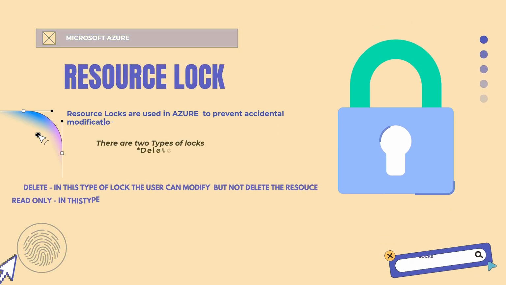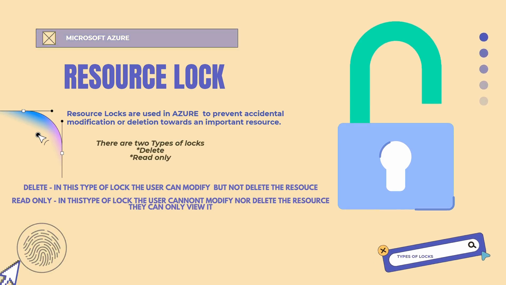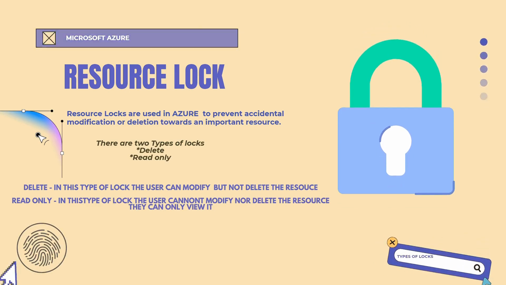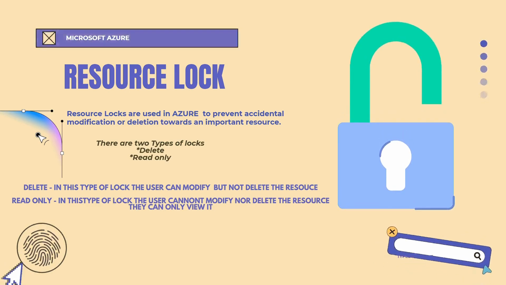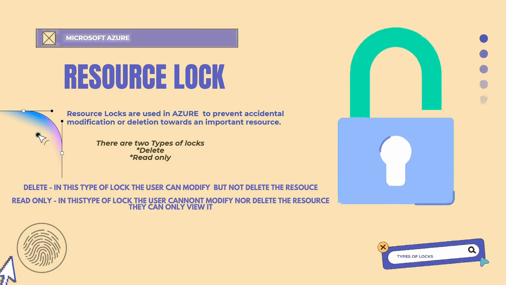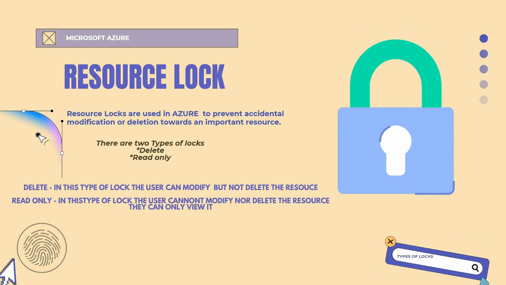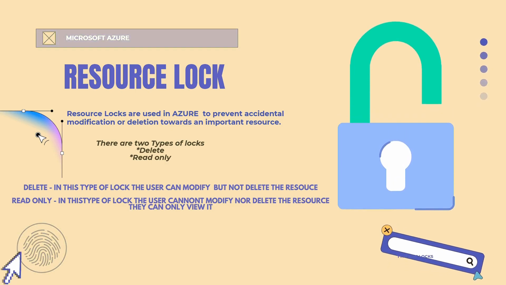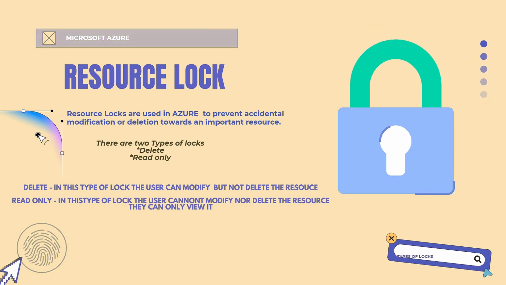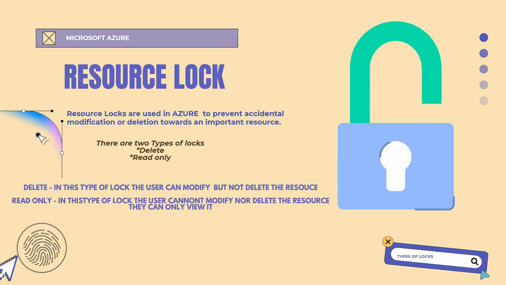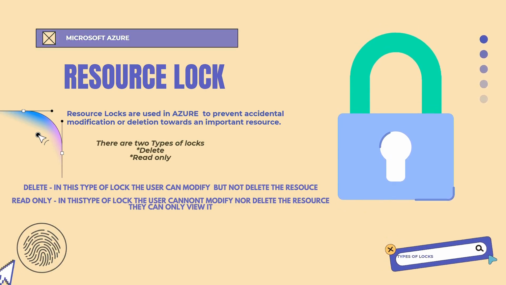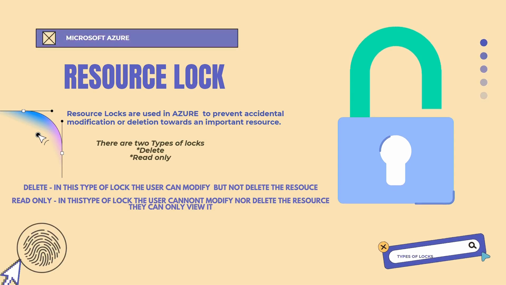So, what is a resource lock? From the word lock itself, you can say that it's for a security purpose. Resource locks are a security mechanism in Azure that safeguards critical resources by restricting actions like modification or deletion. In simple words, it prevents accidental modification or deletion of an important resource, which happens unintentionally.